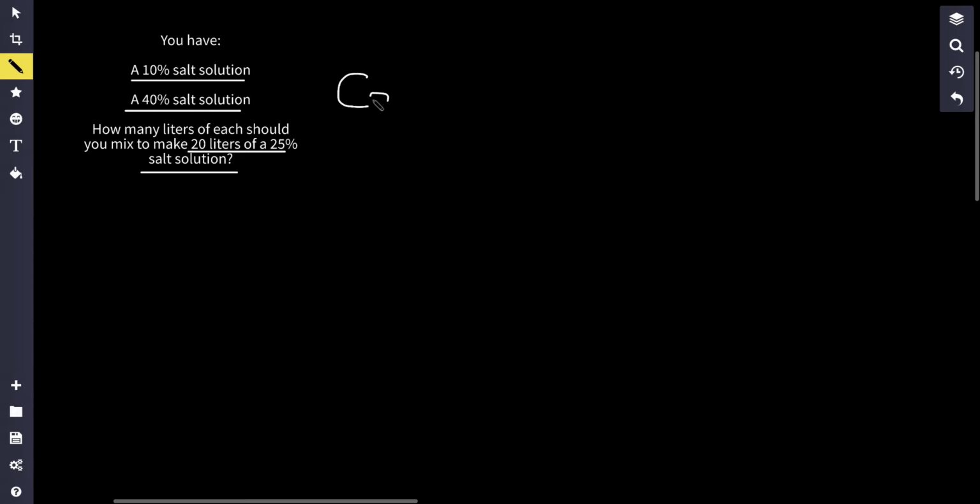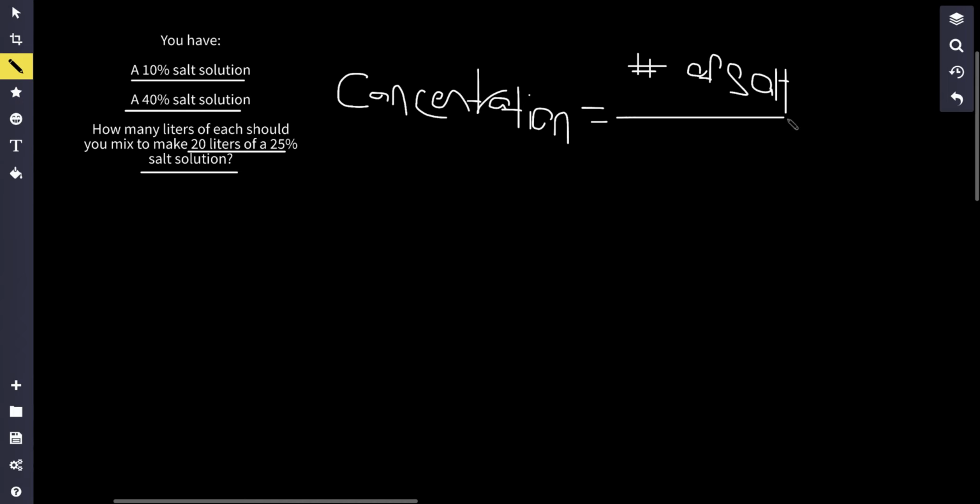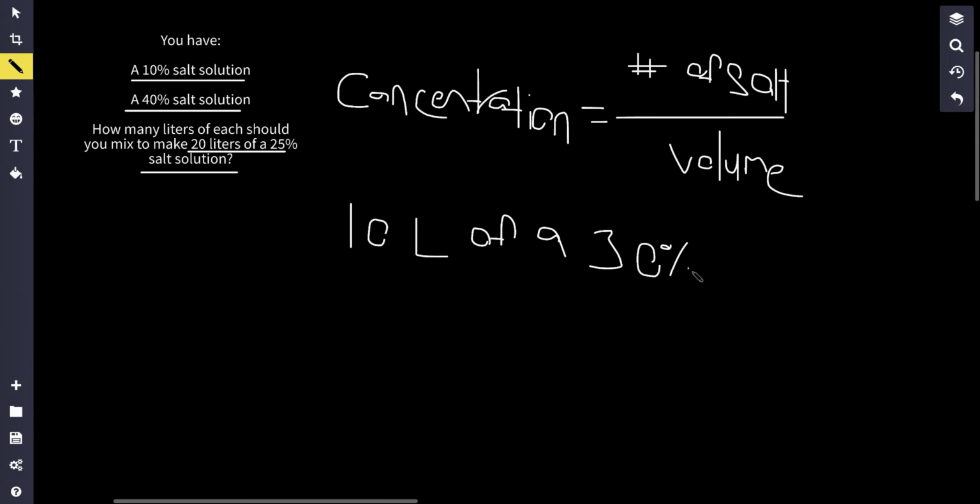Now let's define what concentration even is in the first place. Concentration is just equal to the amount, in this case the amount of salt you have, divided by the volume. For example, let's say I have 10 liters of a 30% salt solution.